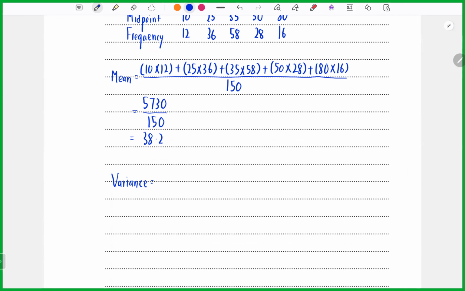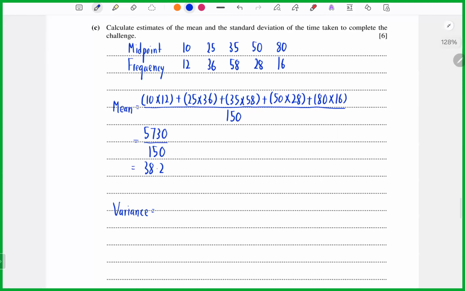Now you can find the variance first. You can take 10 square multiply 12 plus 25 square multiply 36 plus 35 square multiply 58 plus 15 square multiply 28 plus 18 square multiply 16, over 115, minus 38.2 square.